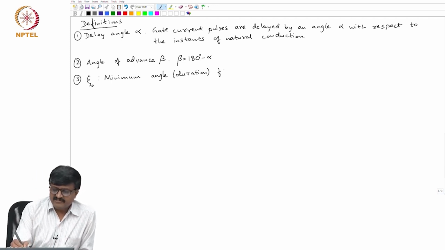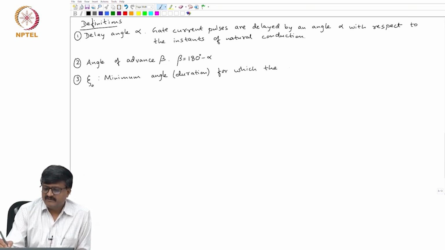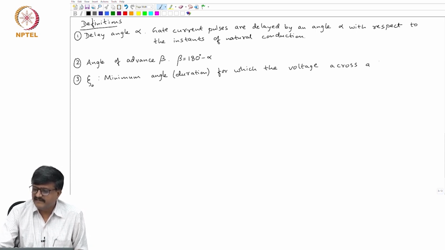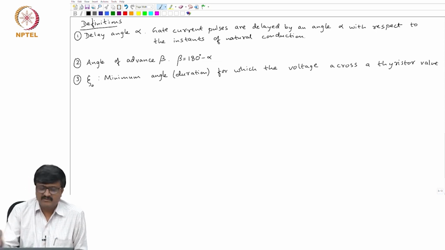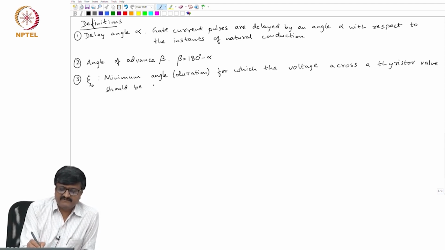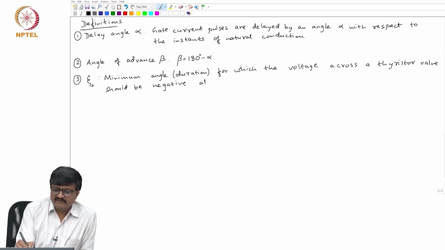Minimum angle for which the voltage across a thyristor valve should be negative after it stops conducting.